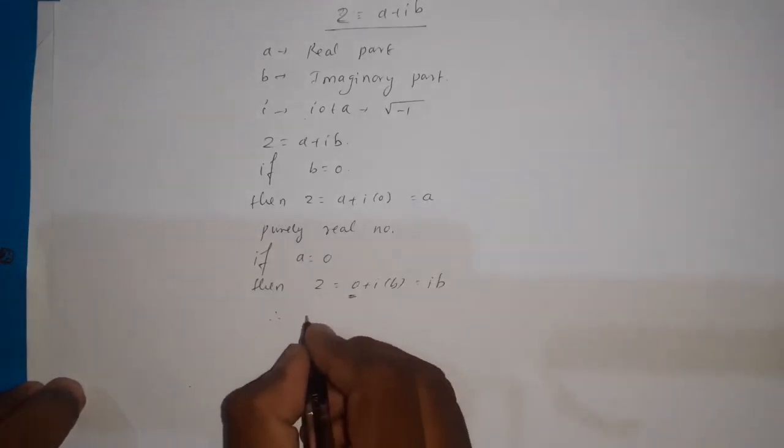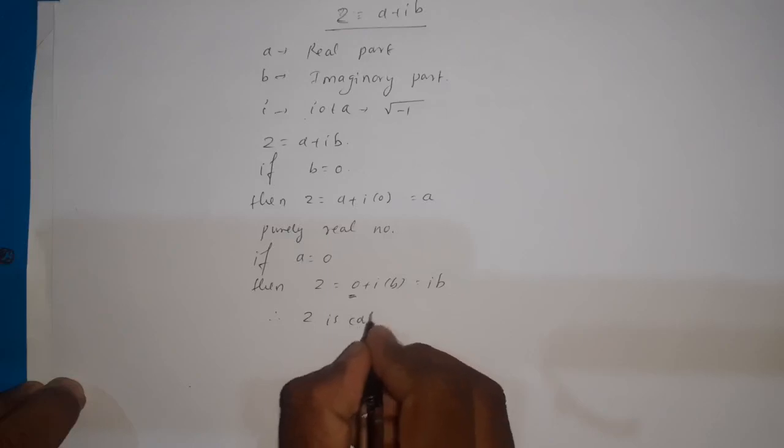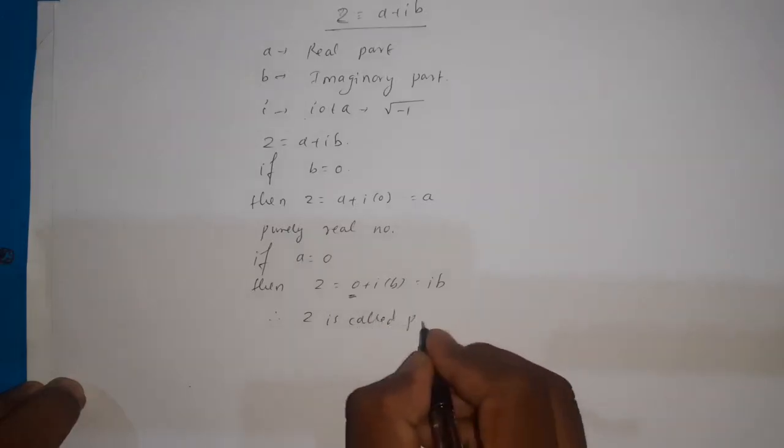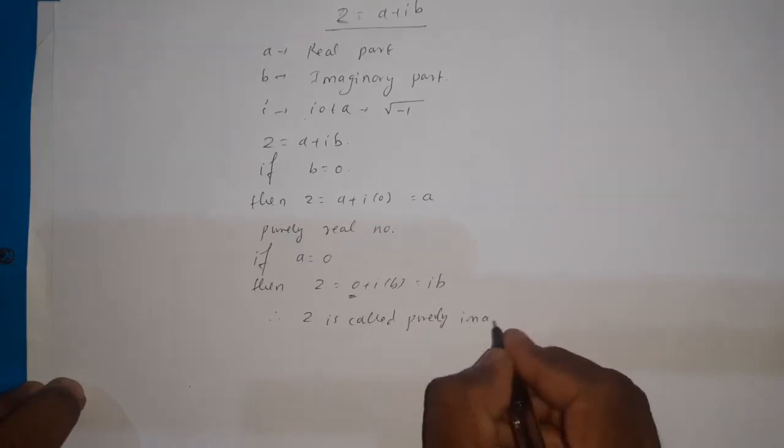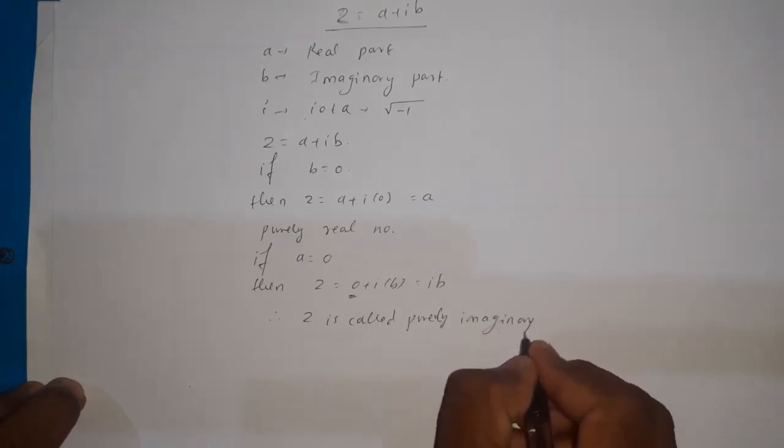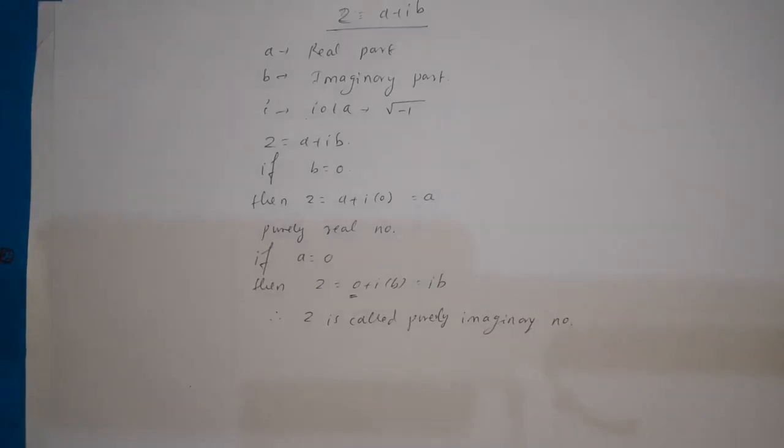Therefore that z is called a purely imaginary number. So in the number z equal to a plus ib, depending on the values of a and b we distinguish two types: one is a purely real number and one is a purely imaginary number.